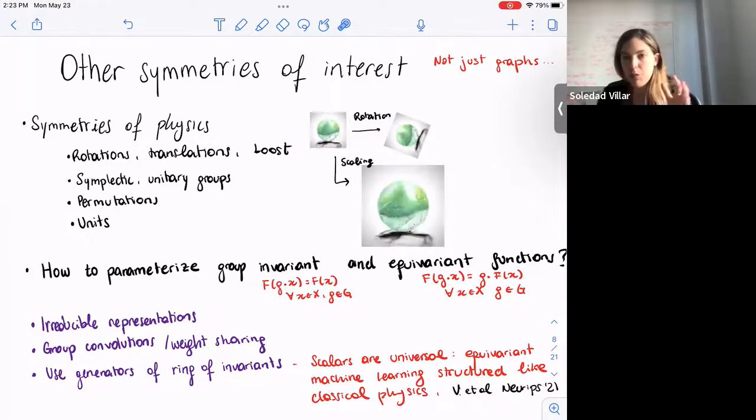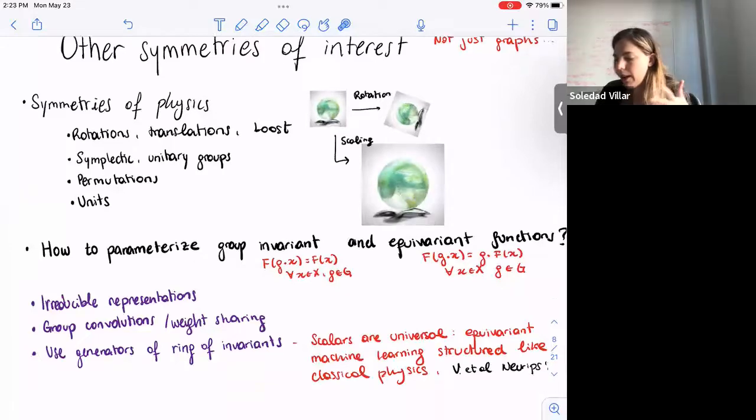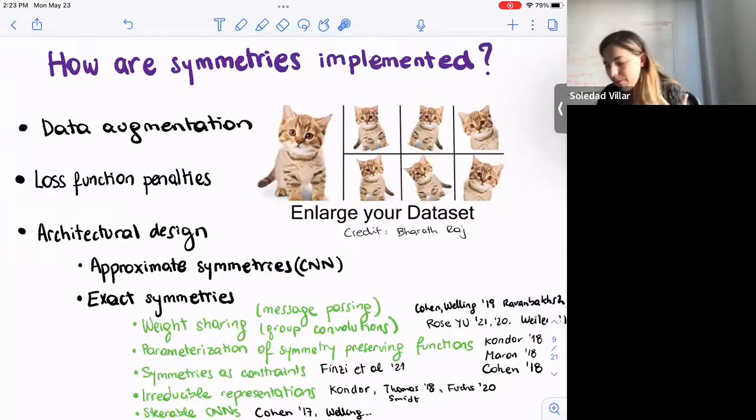Then you can add this rotation of the training set and rotation of the output to the training set, and use that for promoting the symmetry being satisfied. That is what is called data augmentation: just enlarge your data set to include the rotated versions of your training set and the rotated outputs. That's the thing that I think people in practice use the most.